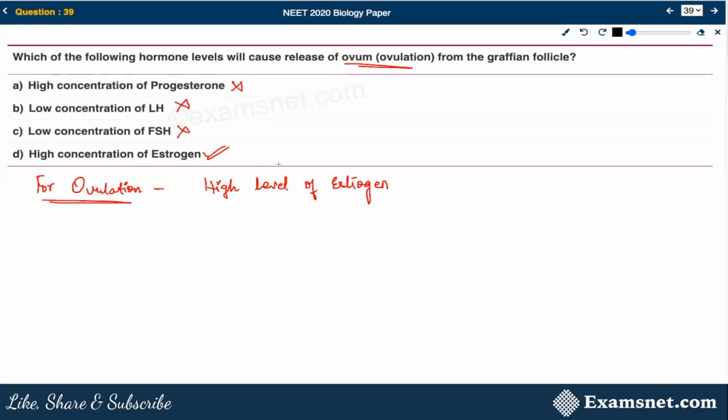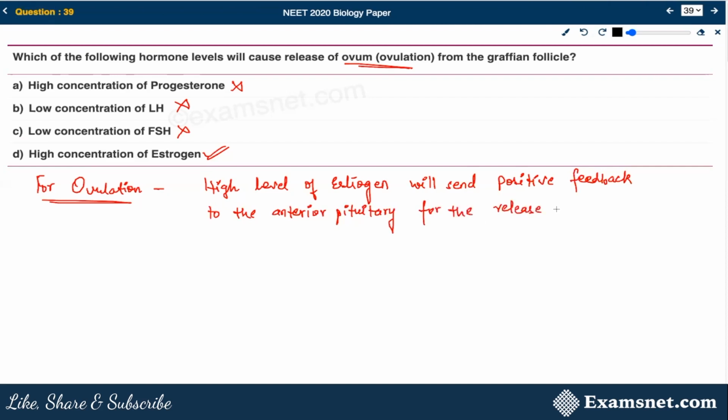All right. So once there is a high level of estrogen, this sends positive feedback to the anterior pituitary for the release of LH, which is luteinizing hormone.